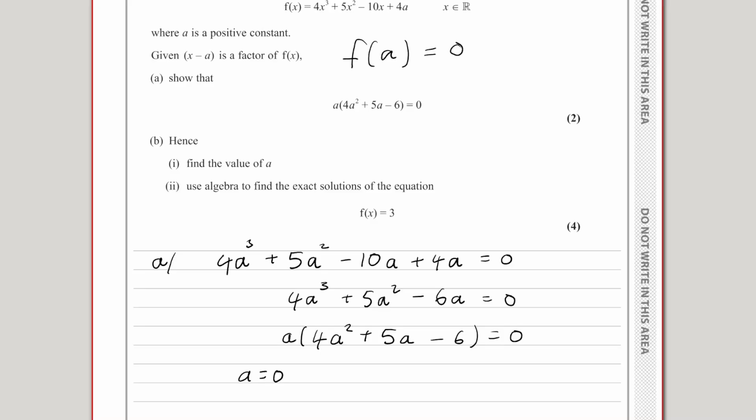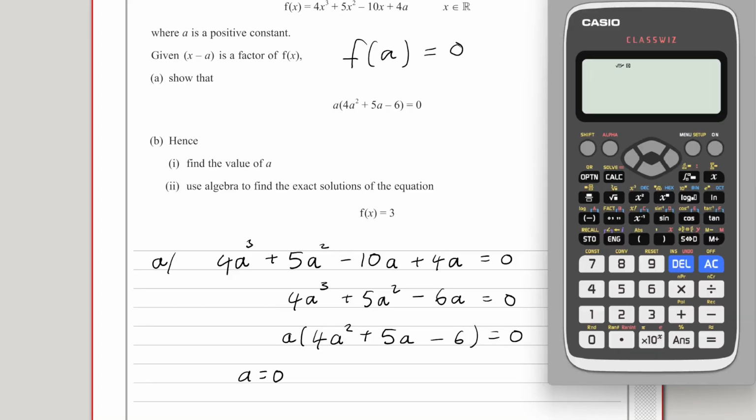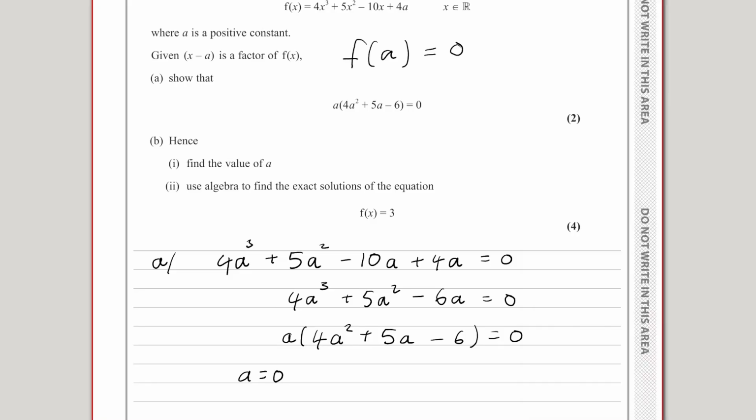Let's use a calculator. So let's grab our calculator, and then we will solve a quadratic using the calculator. So it's 4a squared plus 5a minus 6. So we've got 3/4 or -2. So a is 3/4 or a is -2.